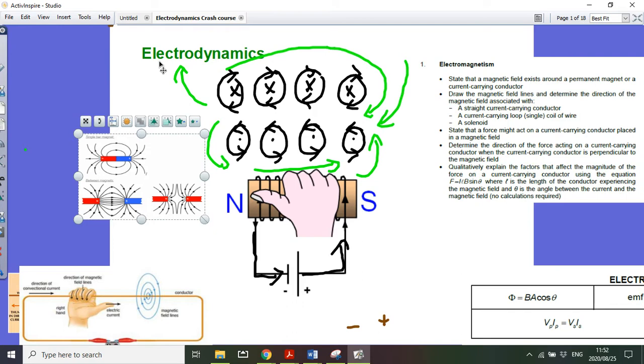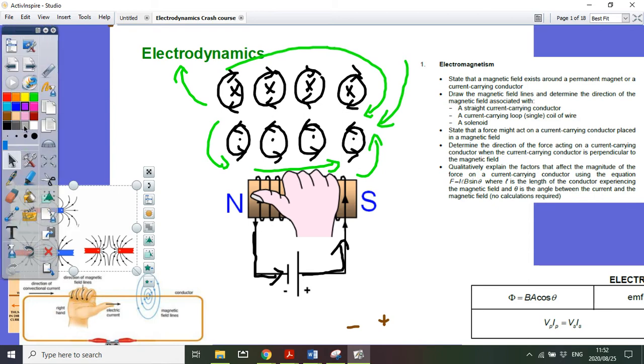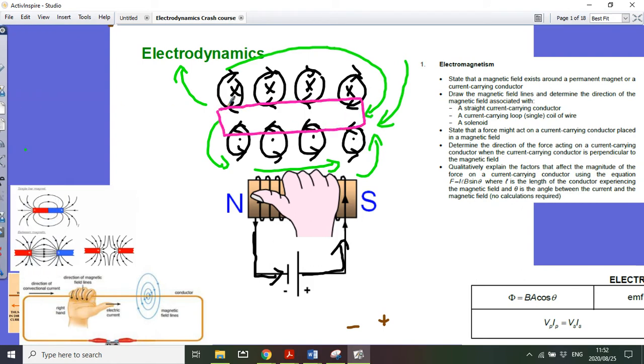Now you can increase the strength of this electromagnet by increasing the current, because remember then the lines will be more dense. You can also increase the strength of this electromagnet by adding more of these windings, because each of them forms a field around it. And then you can also increase the field around that magnet by taking a soft magnetic material. Again, that means that the magnetic material gets magnetized quickly and loses its magnetism quickly.